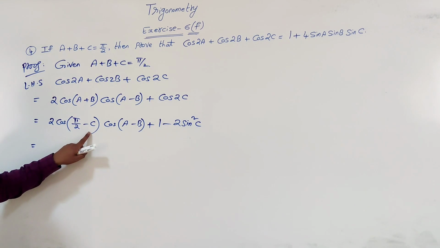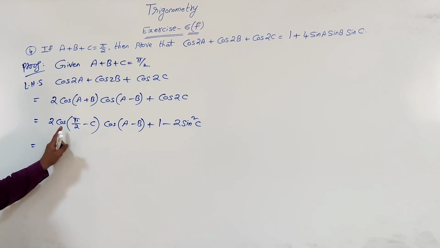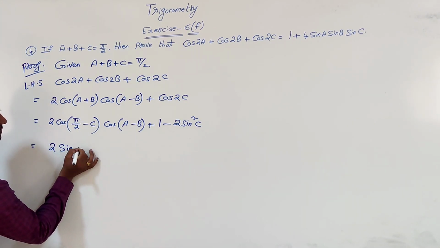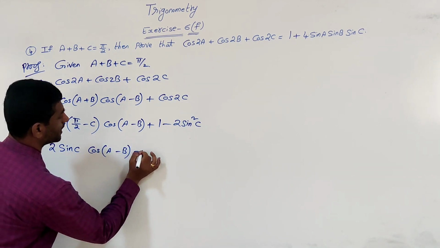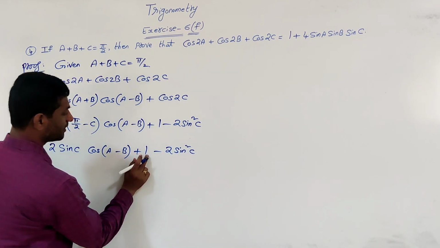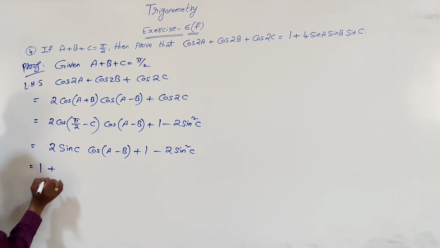Cos of 90 minus C gives sin C as it will be in the first quadrant. 90 minus theta lies in the first quadrant. Cos of 90 minus theta is sin theta. 2 sin C cos of A minus B plus 1 minus 2 sin square C. So this 1 will be written at the start, 1 plus.